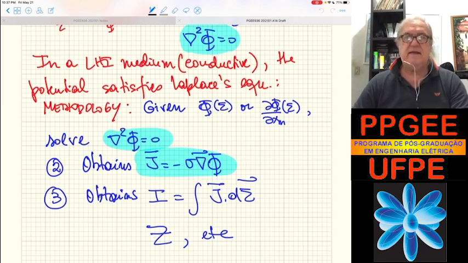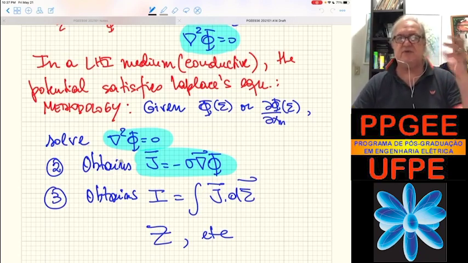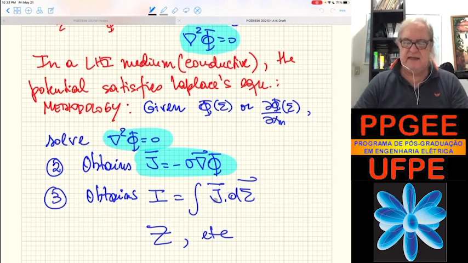Then we obtain the current flowing through the two different electrodes that might be present in the system by integrating across a cross-section. Then we have the resistance, because the boundary conditions give you the voltage drop, right? And the current between electrodes, then you have the ratio, you have the resistance, Z. Okay?